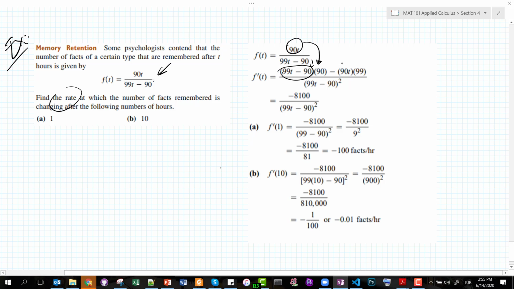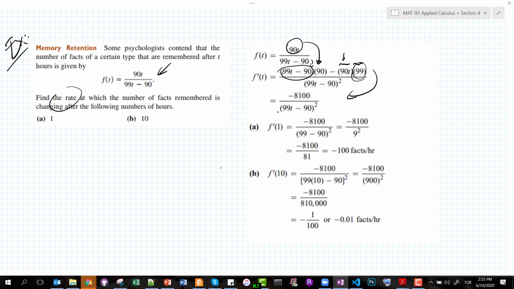Then you do the same thing the other way around: the second function on the bottom, and you keep the first function the same. So this is the derivative of the second function, and then you take the square of the bottom part. If you do some arrangement here, you will get this function as the derivative of this remembering function.